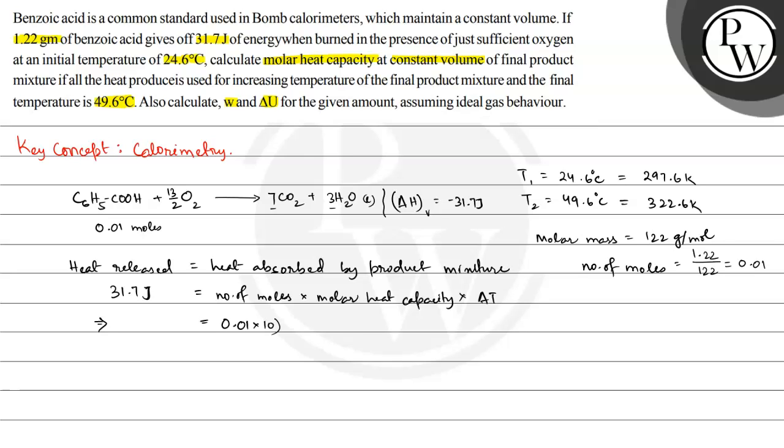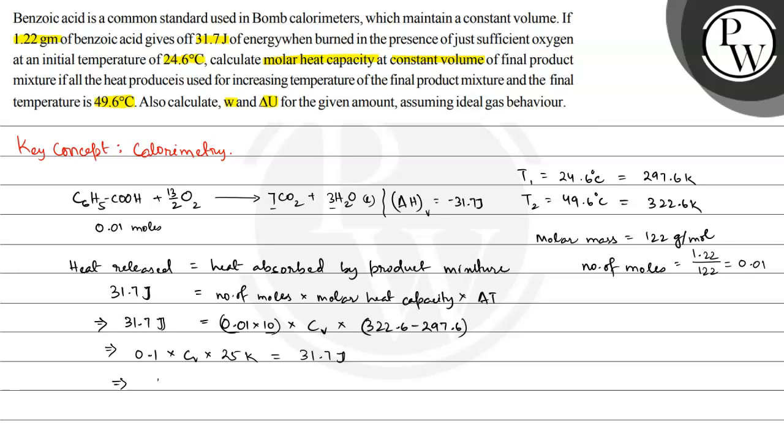So 0.01 multiplied by 10 number of moles multiplied by molar heat capacity, let it be CV, multiplied by temperature difference, that is 322.6 minus 297.6. This is equal to 31.7 joules. So 0.01 multiplied by 10 is 0.1. So 0.1 multiplied by CV multiplied by this gap, which is 25 Kelvin, is equal to 31.7 joules.